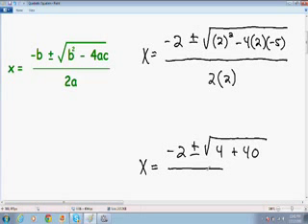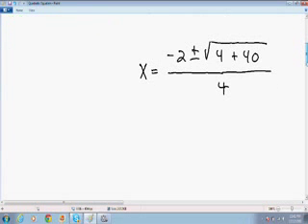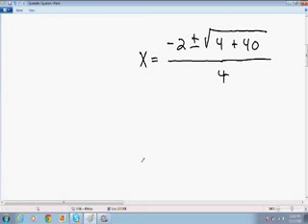All of this is divided by 2 times 2, which is 4. Now I'm going to simplify the square root even more. The equation becomes x equals negative 2 plus or minus, and 4 plus 40 is 44, so I'm going to write it as the square root of 44.